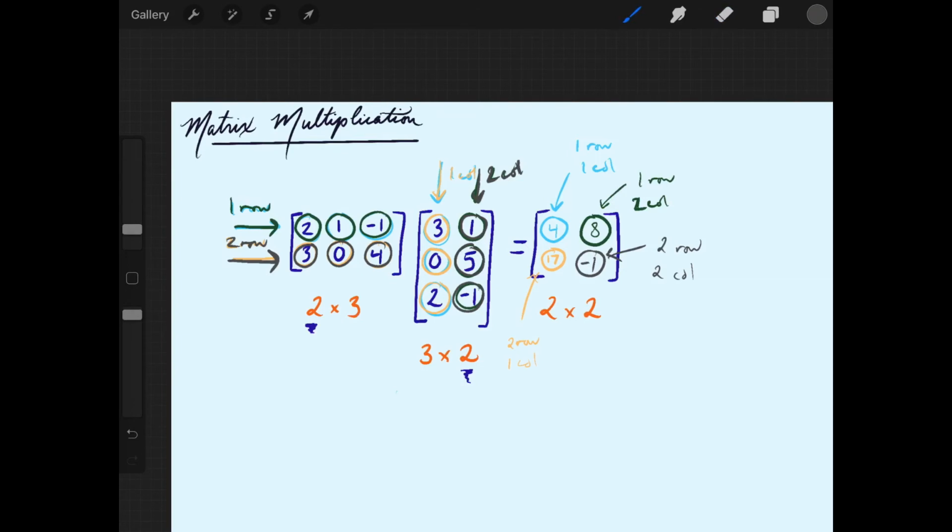So, as you can see, matrix multiplication takes a significant amount more work than simply adding or subtracting matrices. Right now, I'm just going to write below a cleaned up version of this problem.